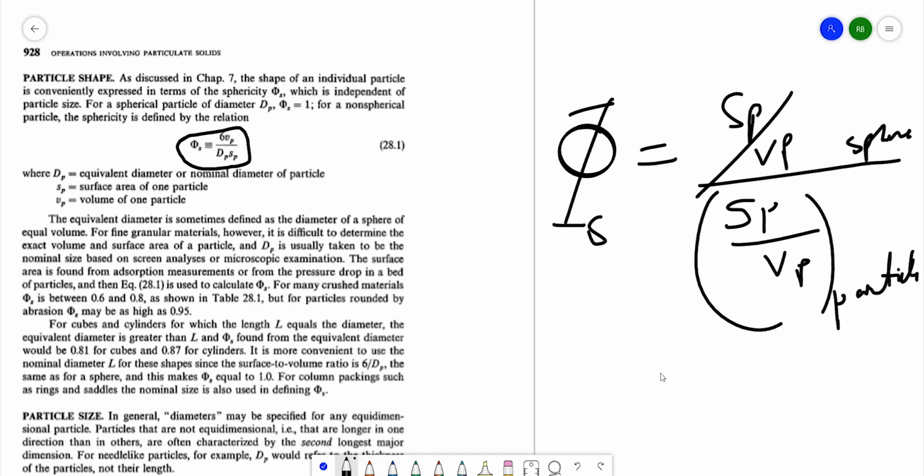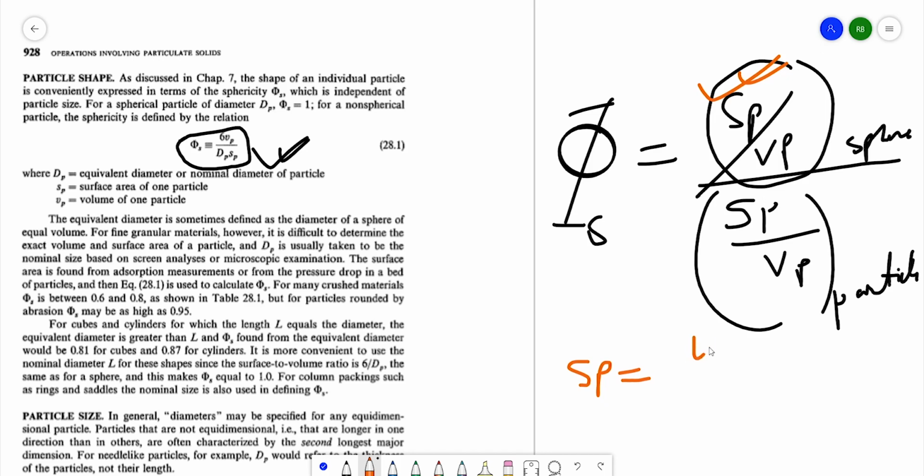Let's go quickly through how this formula has arrived from this general definition. Let's first calculate this term. What is the surface area of a sphere of diameter d? It is 4 pi r square, in terms of radius. What is the volume of the sphere? 4 by 3 pi r cube.